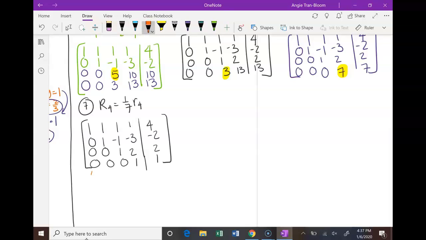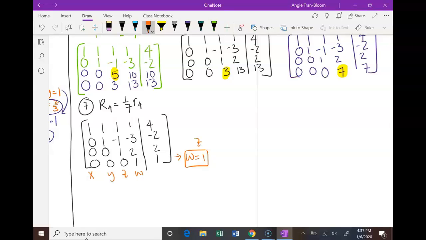Now, remember, we have x, y, z, and w. So the first equation you're going to have is w equals 1. Yay, you solved for it. Then next, you have no x, no y, and I'm going from the bottom up.